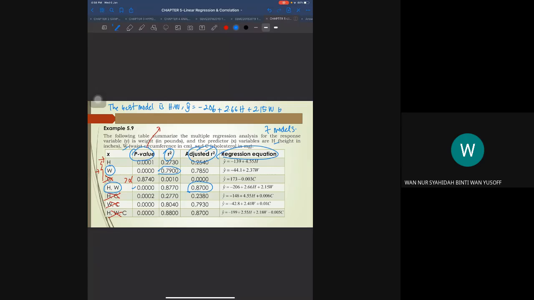Then state the reason: significant p-value and highest adjusted R square.